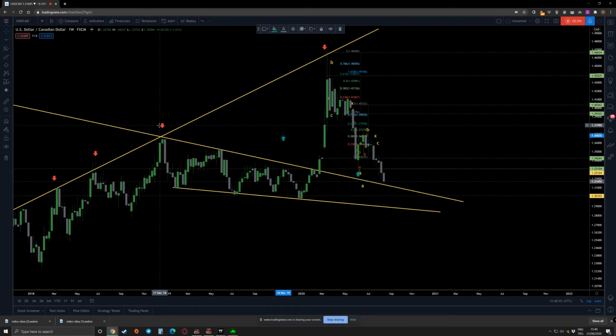Before, it was resistance, resistance, resistance, then it broke down, acted as support again, and it was support here multiple times. It was resistance before many times, here as well. Now we cleared that.